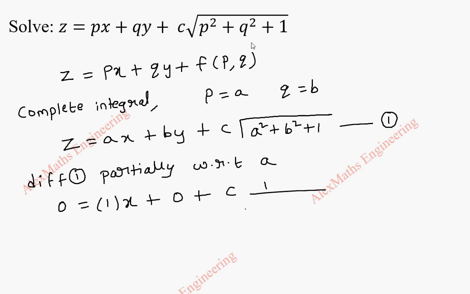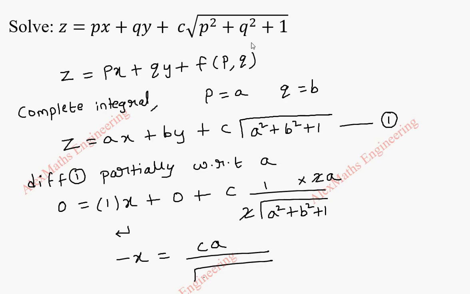Square root differentiation is 1 by 2 root a square plus b square plus 1 into differentiation of a square is 2a. You can cancel this and take this x to the other side. So minus x is equal to ca by root a square plus b square plus 1.